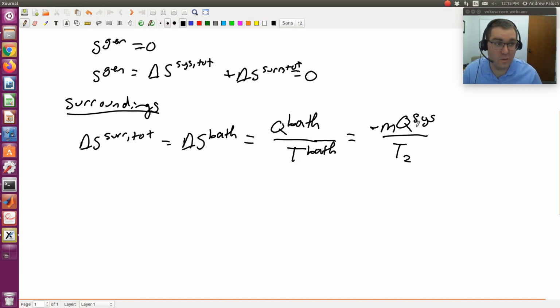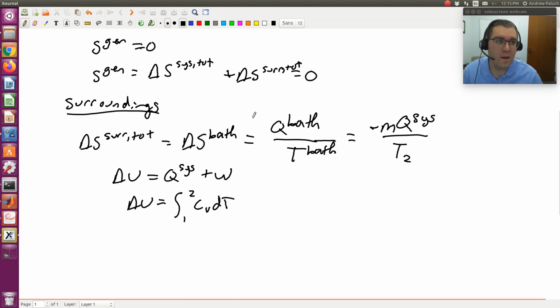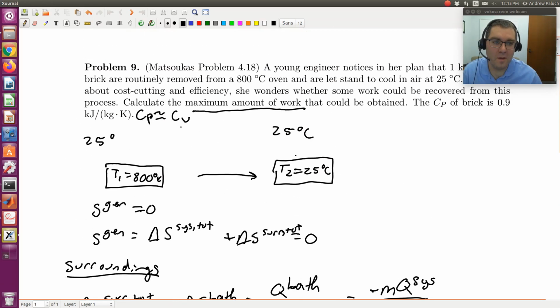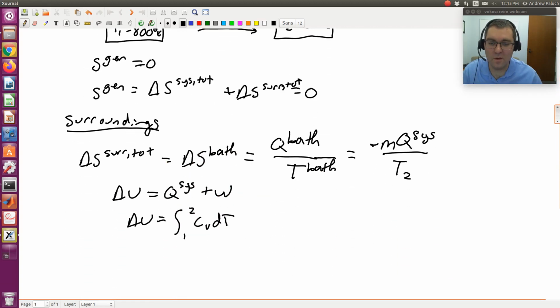Now Q system. For Q system, I'm going to write down a first law energy balance. Delta U is equal to Q system plus W. Now delta U is equal to the integral from the initial to final state of Cv dT. We said at the start of the problem that for a solid we can assume Cp and Cv are equivalent, and here Cp is given as a constant value.